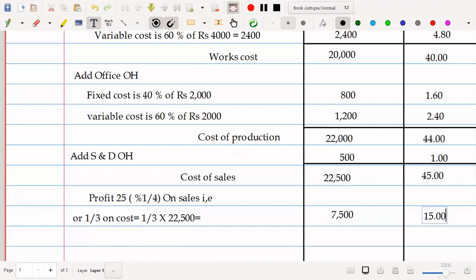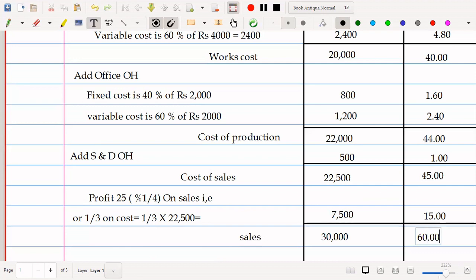And let's total and arrive at the sales. What is the sales? When we add profit to cost of sales, sales will be 30,000, and cost per unit will be rupees 60.